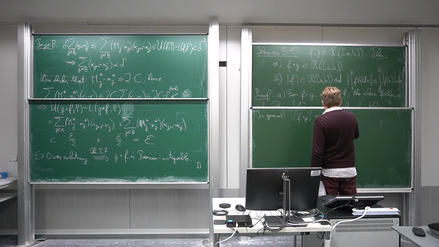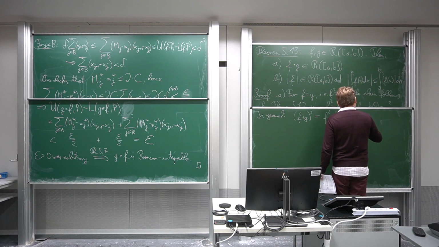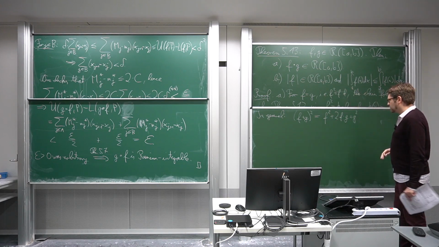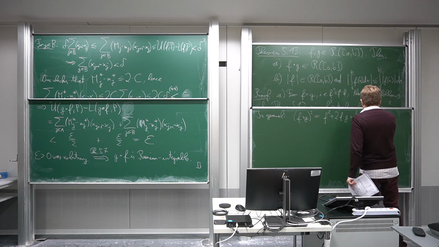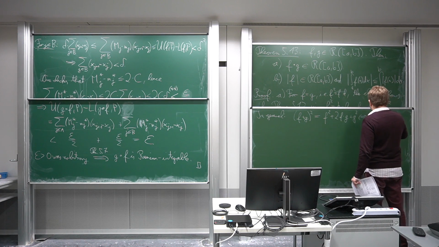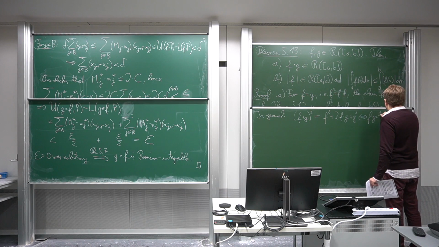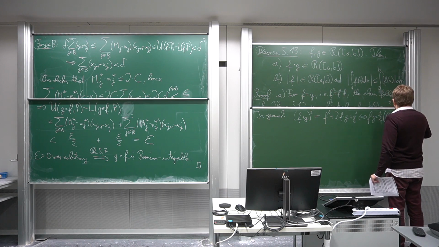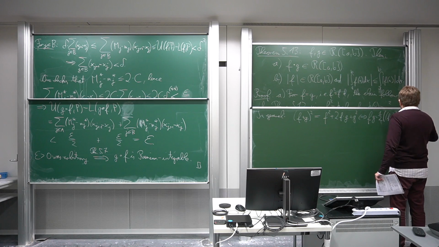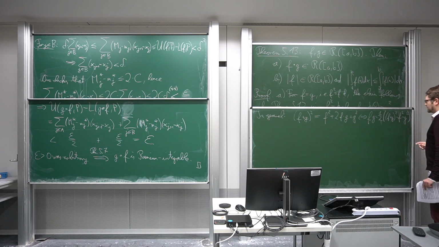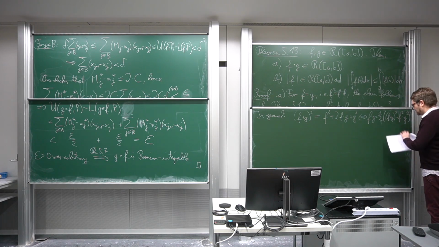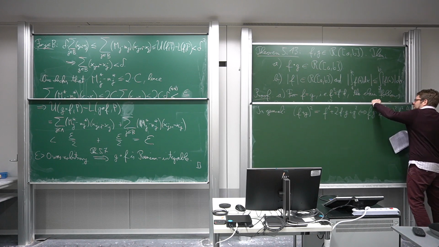This is the same as f squared plus 2 times f times g plus g squared. If you resolve this equation for f times g, this means that f times g is one half of (f plus g) squared minus f squared minus g squared. No one in their right mind would use this formulation to describe a product, but we're done.